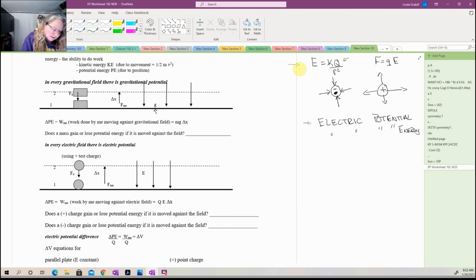Anyhow, so we'd say something like, I stand up here at this point 2, and let me draw me in there. If I jumped off of that and went down to this position 1, what we said is that I had gravitational potential energy here, and that by the time I hit the ground, that was all converted to kinetic energy.